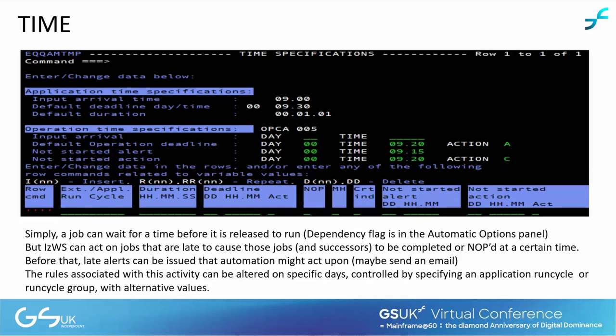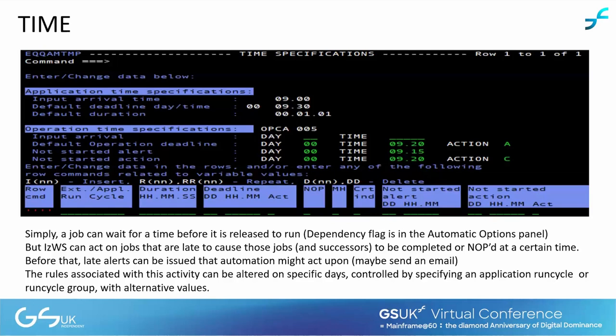And it will be managed by IzWS separately to the default time. So if you had a run cycle for the last working day of the month, and you know the job runs much longer, you would put in a duration time that was longer, so maybe 2 hours instead of 1 hour. You could set a different deadline time for it if today was, say, a Saturday, so it's not so important that the job completes by the time that you usually have as a deadline.